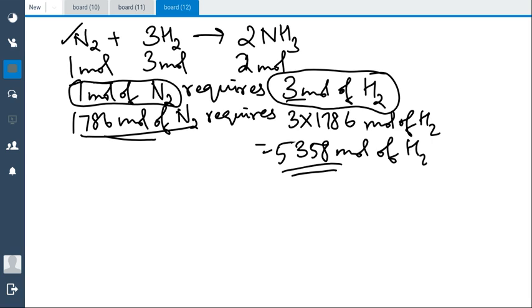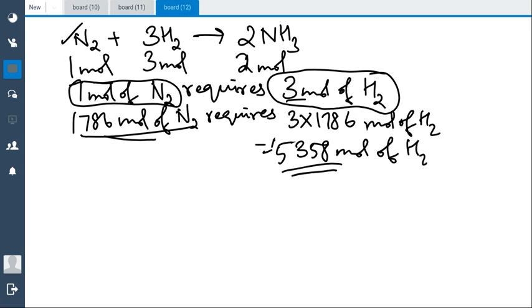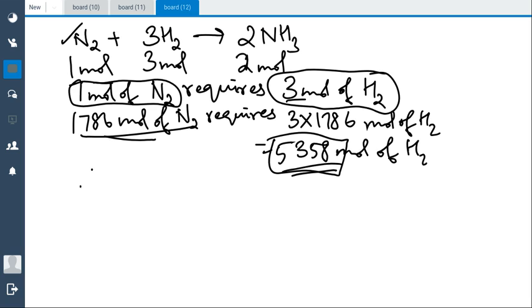But do we actually have this much amount? No. We have only 5,000. We need 5,358, but we have only 5,000. Therefore, hydrogen is the limiting reagent.